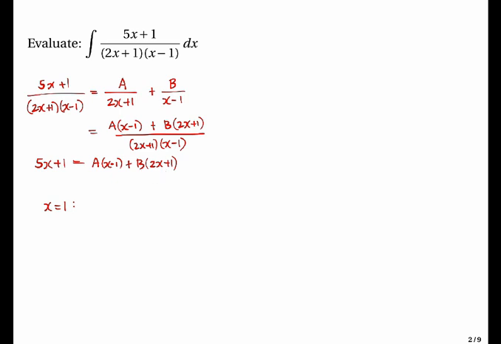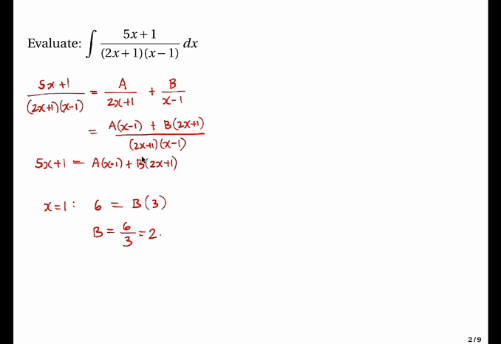More precisely, when x equals 1, the left hand side is 5 times 1 plus 1, that's equal to 6. On the right hand side, we will have B times 2x plus 1, so 2 times 1 is 2, plus 1 is 3, which means that the value of B is 6 over 3, which is equal to 2.